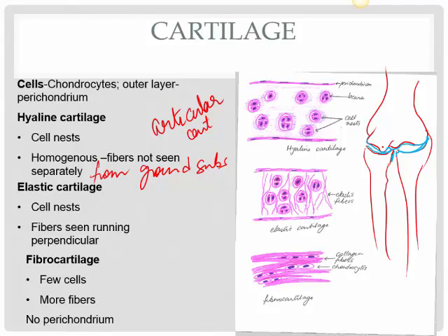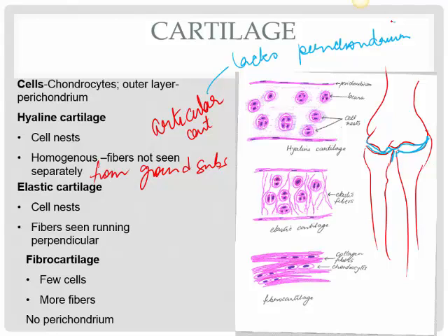One important feature to remember about articular cartilage, it's hyaline, but it lacks perichondrium. All hyaline cartilage has perichondrium, but articular is one exception. It lacks perichondrium. So as a result, it does not regenerate. Regeneration is very poor.